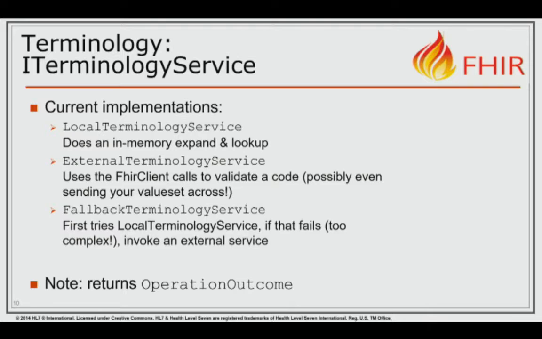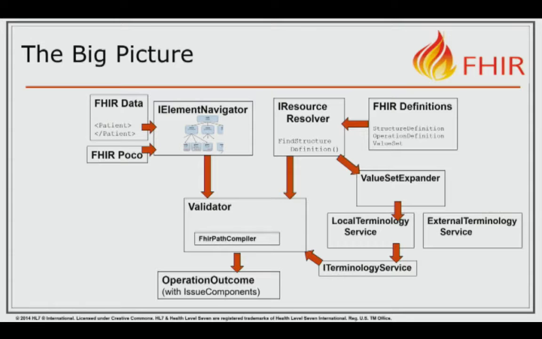The validator doesn't care. All it cares is that you implement this ITerminology service interface, and then it has all it needs. So those are the ingredients, which then finally we can compose into the full meal, the main course, which is running the validator.